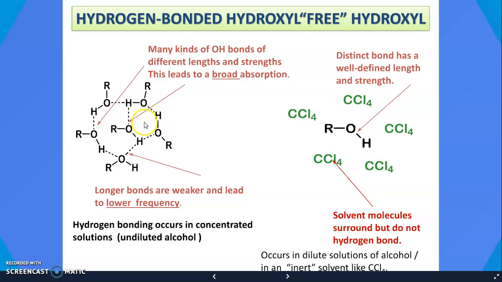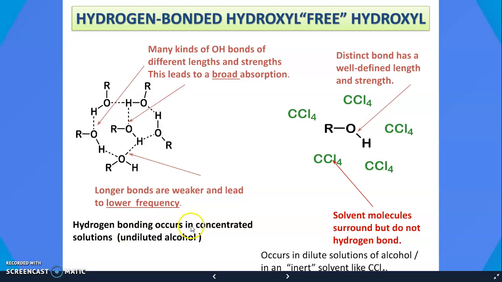Now, this oxygen and hydrogen which form the bond is called intramolecular hydrogen bonding, and this is the intermolecular hydrogen bonding. As this compound has hydrogen bonding, it shows a longer bond as well as a broad band, with a lower frequency.